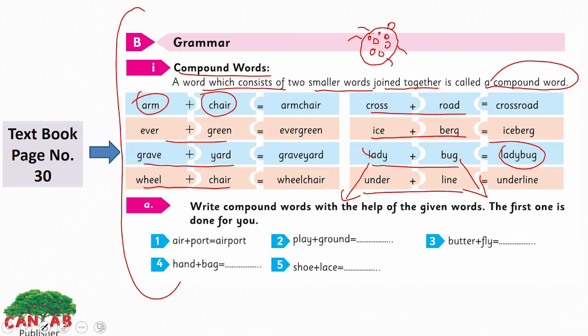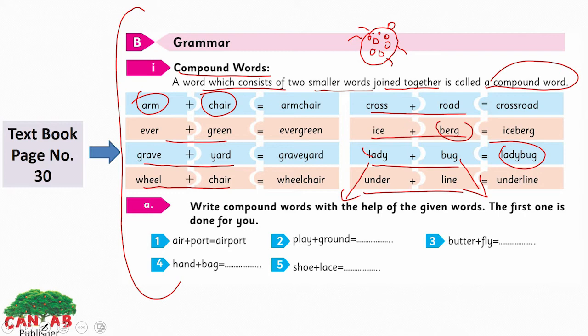She has a red cover and the black dots on it. A specific bug, ladybug. It looks so beautiful. And the evergreen, the armchair, the crossroad, iceberg. Ice, generally, it's common ice. And the berg can be anything, but if we join them together, it is iceberg.